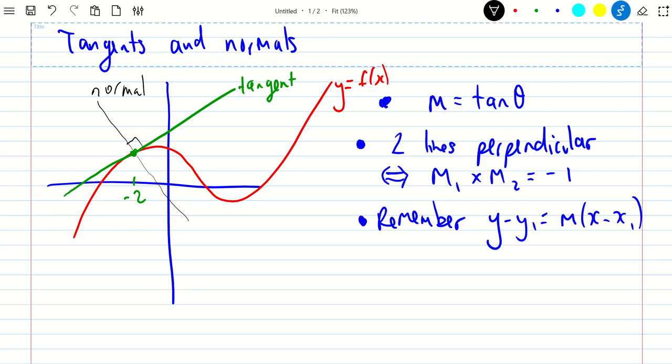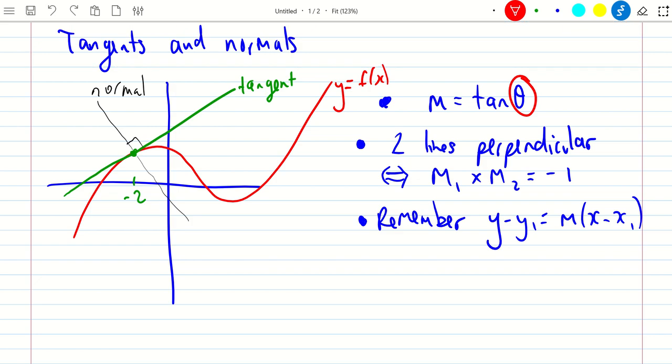A few little points before we get into the nitty gritty. If you're ever trying to find the angle theta that a line makes with the x-axis, I'll just draw it here. I'm going to run out of colors a little bit.